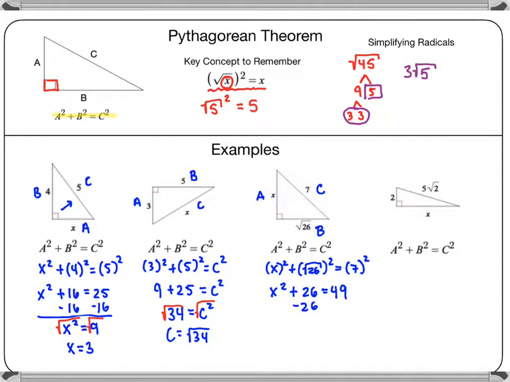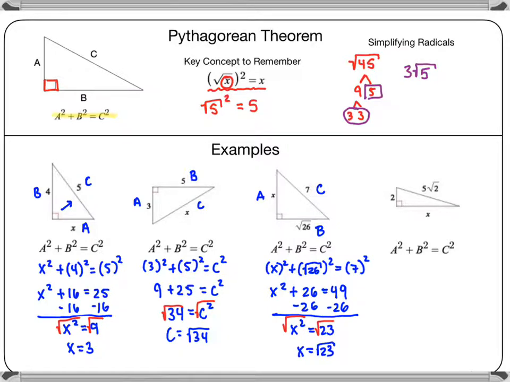I want to subtract 26 from each side, and that's going to give me x squared equals, those go out, and I end up with 23. And from there I take the square root of both sides, and that is going to give me x equals the square root of 23.